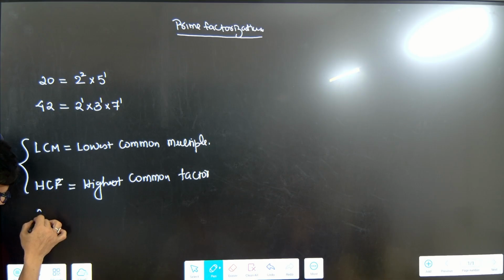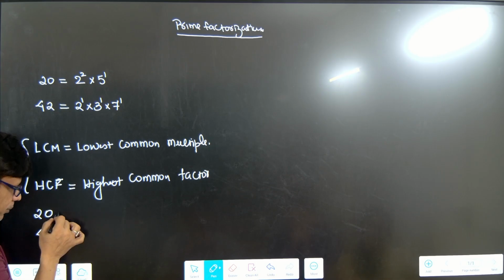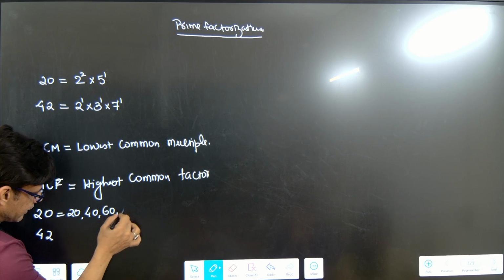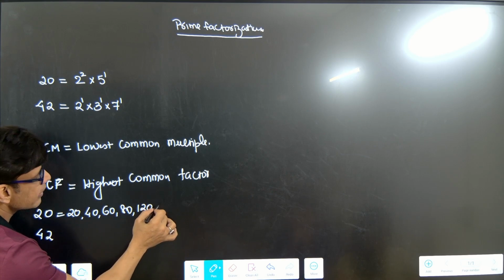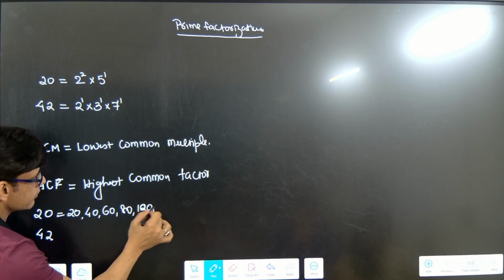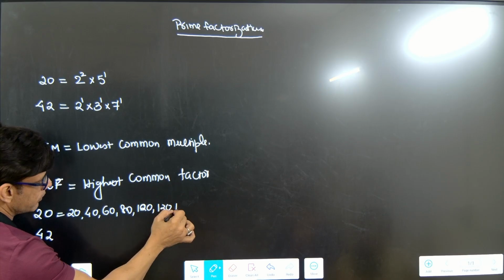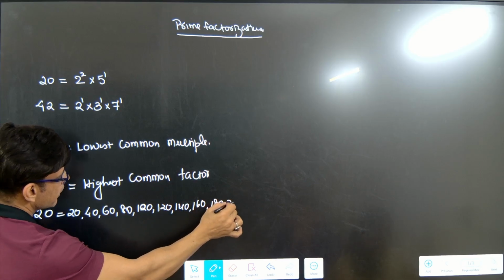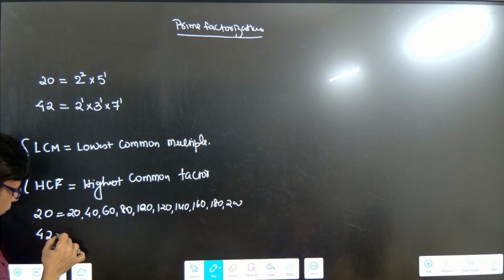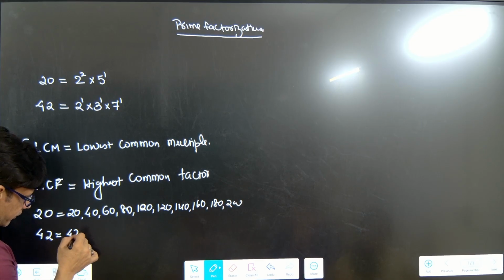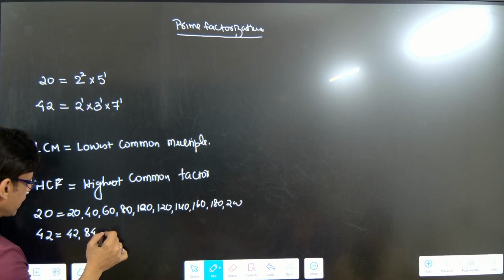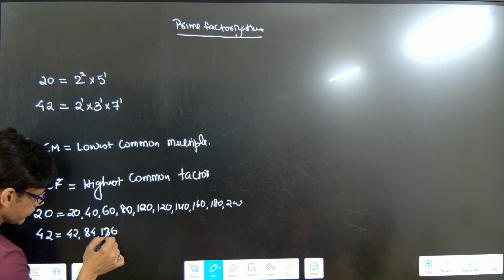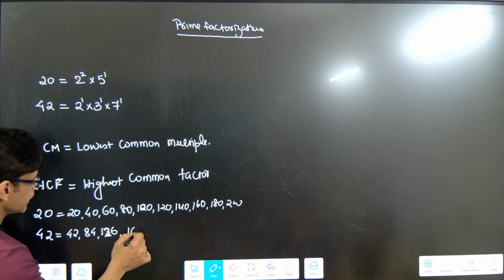So if you take two numbers, say 20 and 42, and keep writing the multiples. Multiples of 20 are 20, then 40, then 60, then 80, then 100, then 120, then 140, then 160, and so on. And look at 42: 42 ones are 42, then 84, then 126, then 168.